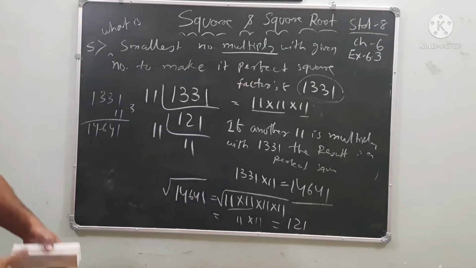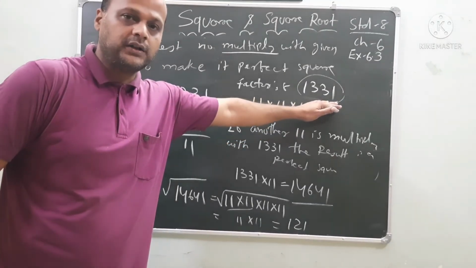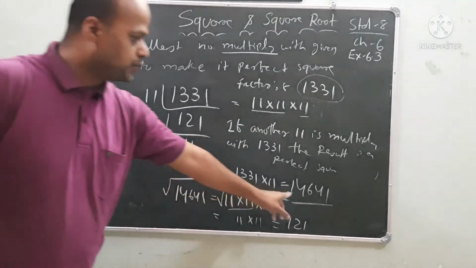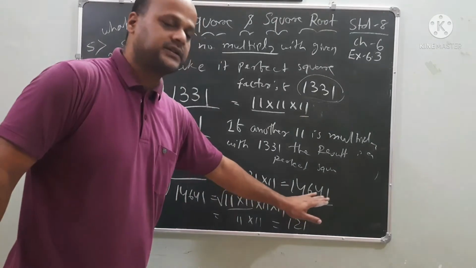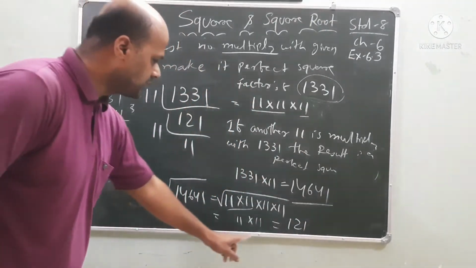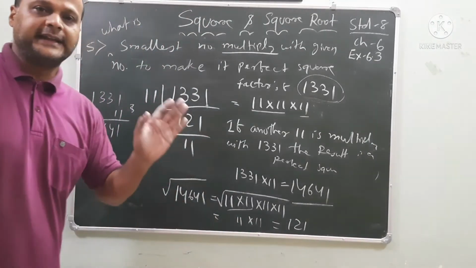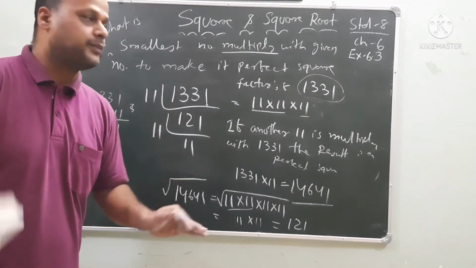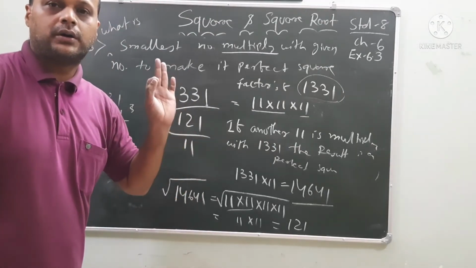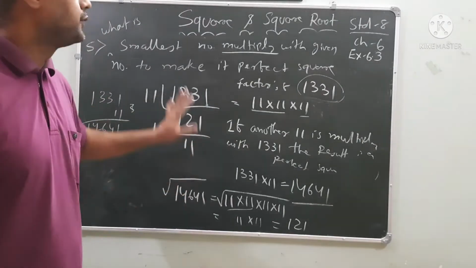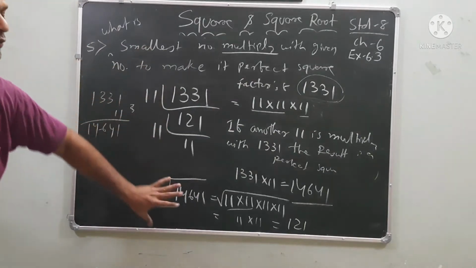Now I will say that if 11 is multiplied with 1331, the result is 14,641, and 14,641 is the perfect square of which number? 121, my dear friends. So in this manner you have to remember how to find the solution of this problem. If the smallest number is required to multiply with a number, this is the process you have to follow.